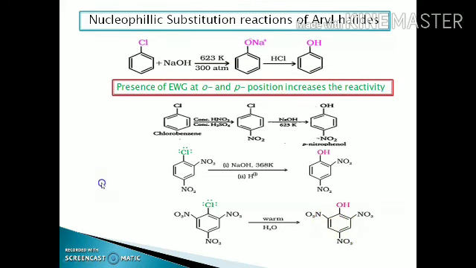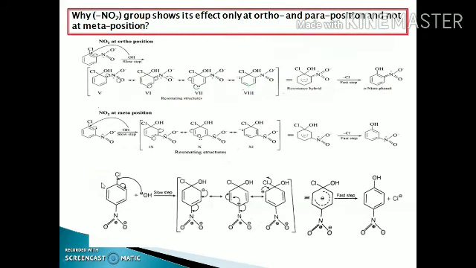Now, can you think why the nitro group shows this effect only at ortho and para positions, not at the meta position? Nitro group at the ortho and para position withdraws the electron density from the benzene ring and thus facilitates the attack of the nucleophile on the haloarenes. The carbanion thus formed is stabilized through resonance.